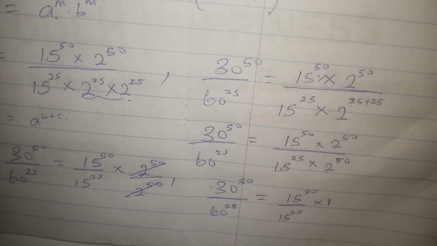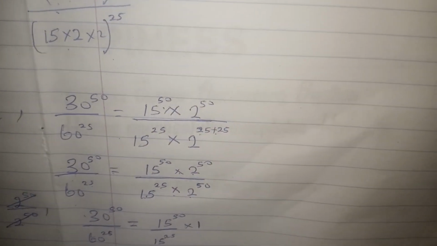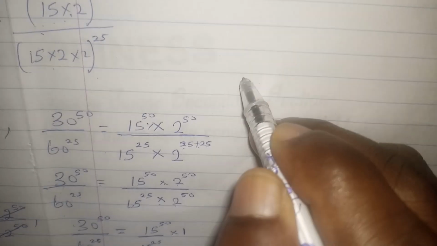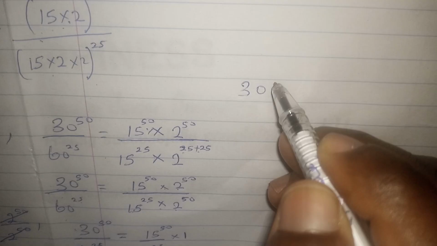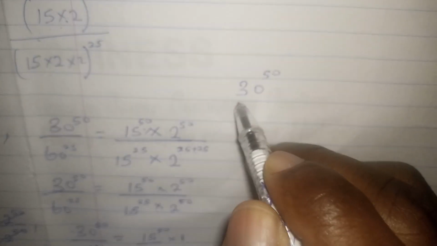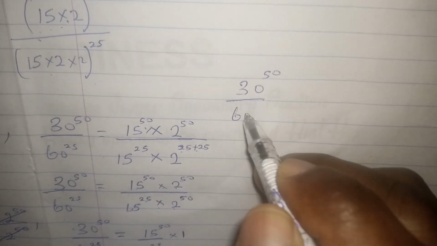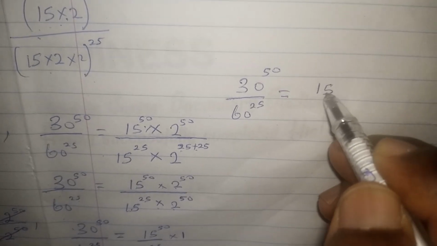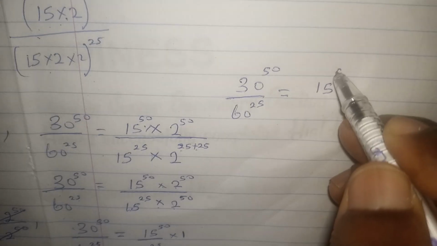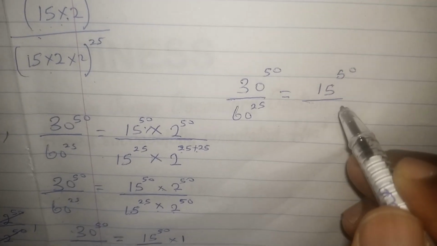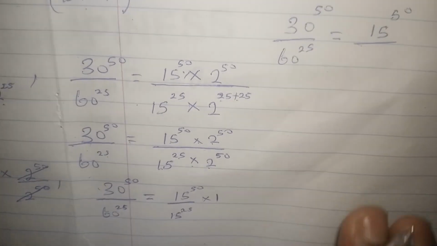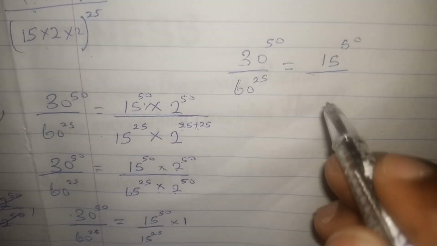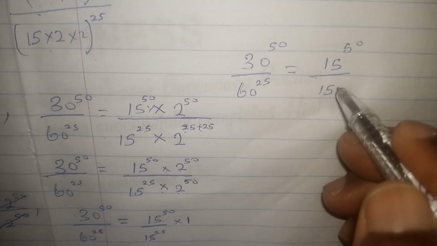So from here we can solve further by saying 30 to the power of 50 over 60 to the power of 25 is equal to 15 to the power of 50 over 15 to the power of 25.